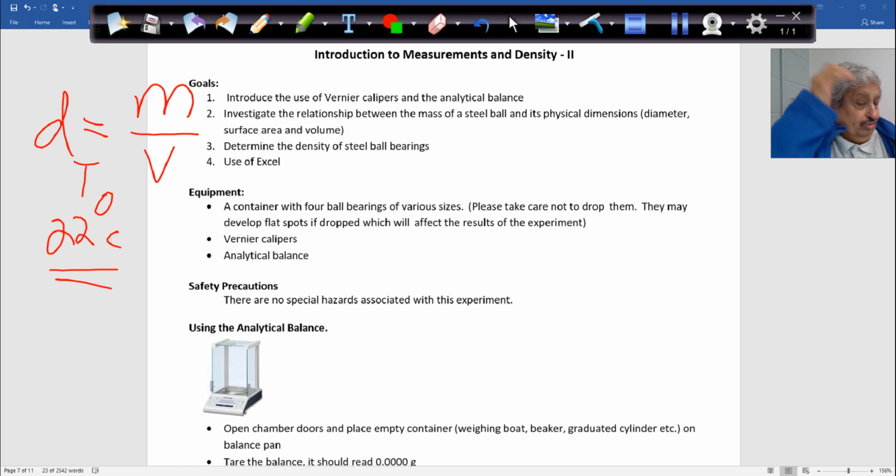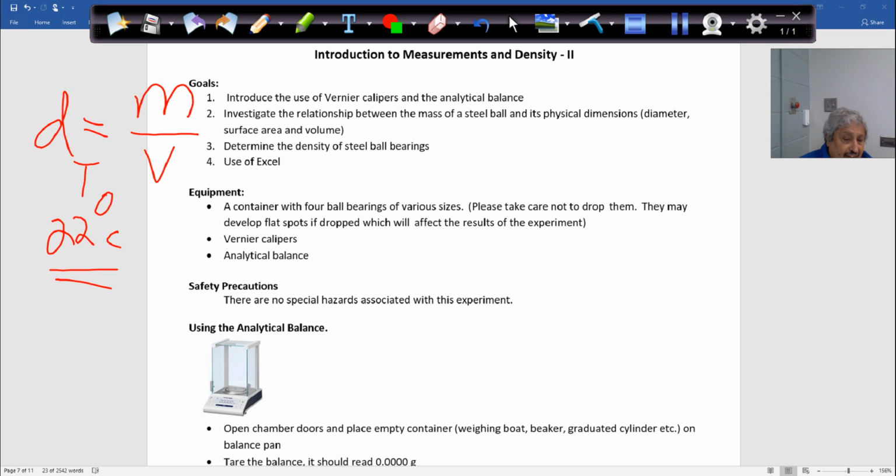The top one is inches, and on the bottom we have the centimeter, correct? So you read how many of these. This is a little bit tricky, you sometimes have to do some calculation if you get a fraction of this. The mass is direct weighing, correct? You use the analytical balance with the boxes to weigh the masses of each of those spheres.